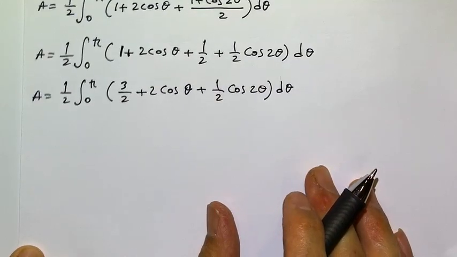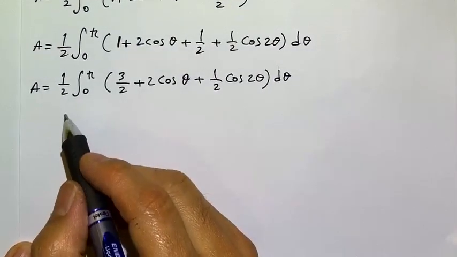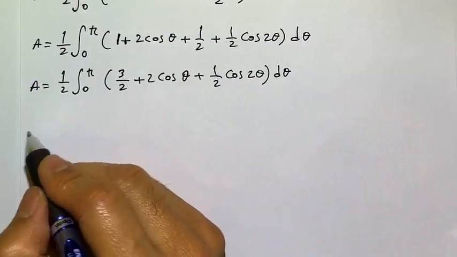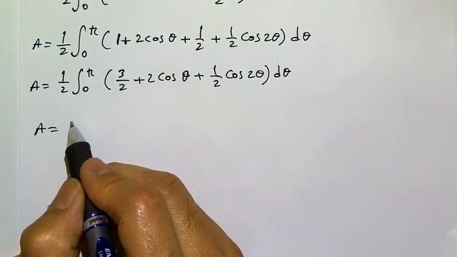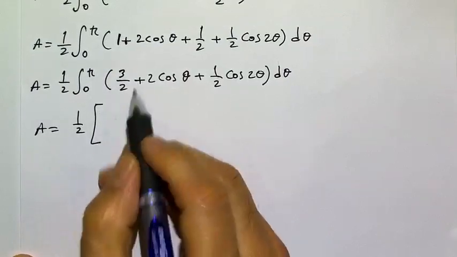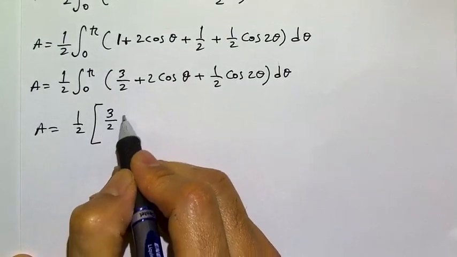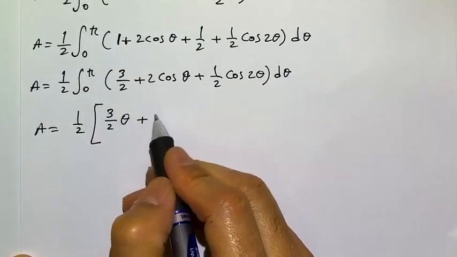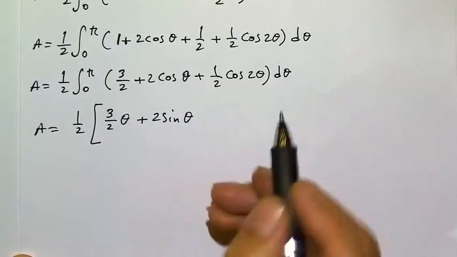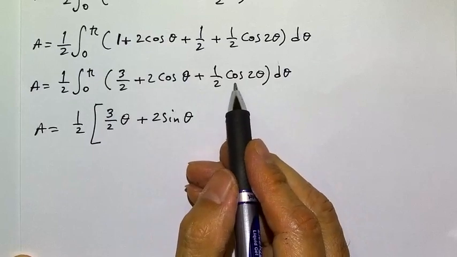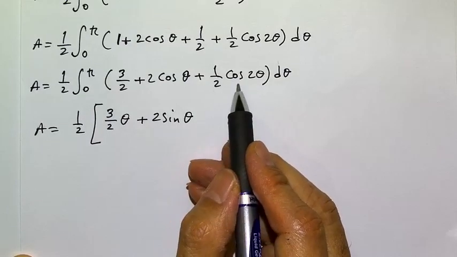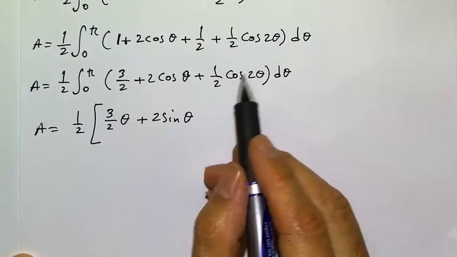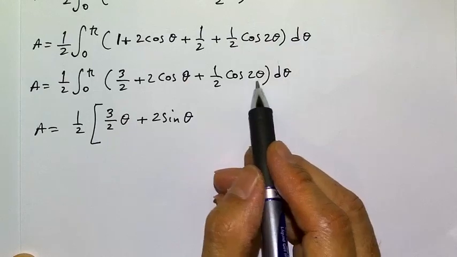Okay. All right, now we can integrate this. So we have area equals 1/2. This is just going to be 3/2 times theta. This is going to be 2 times sine theta. And this is going to be 1/2 times 1/2 again times sine 2 theta, right?